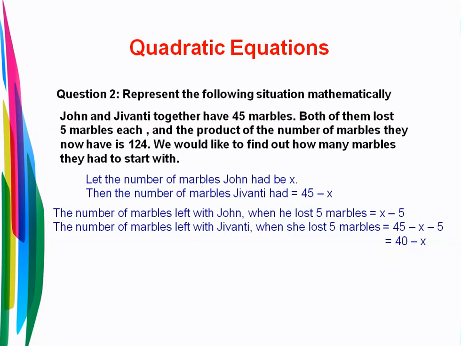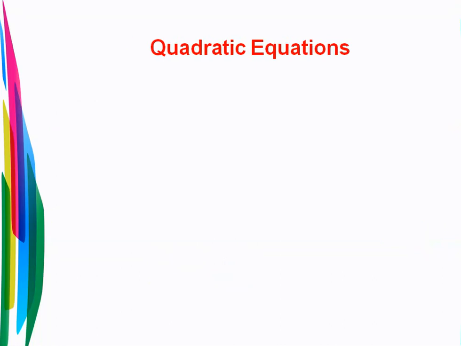You are given that the product of the number of marbles is now 124. So x minus 5 into 40 minus x is equal to 124. Multiply the brackets and simplify the terms, and I get the equation x square minus 45x plus 324 equal to 0. So this is the way we have represented a situation mathematically.